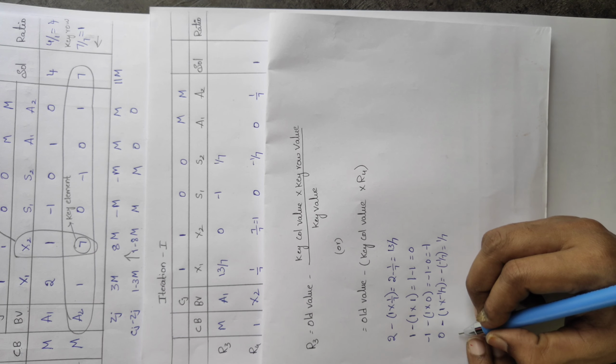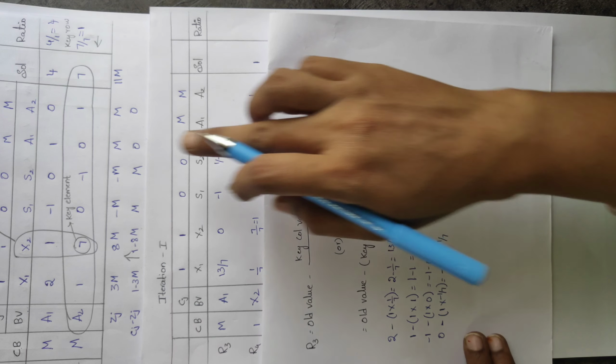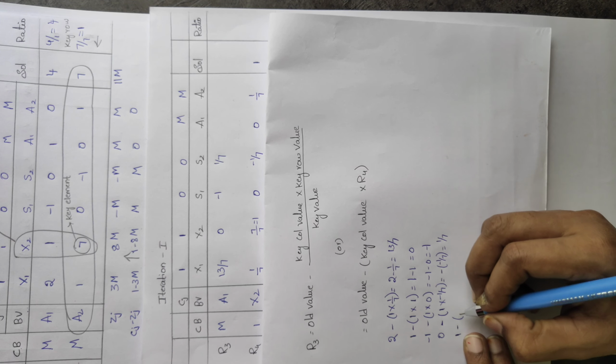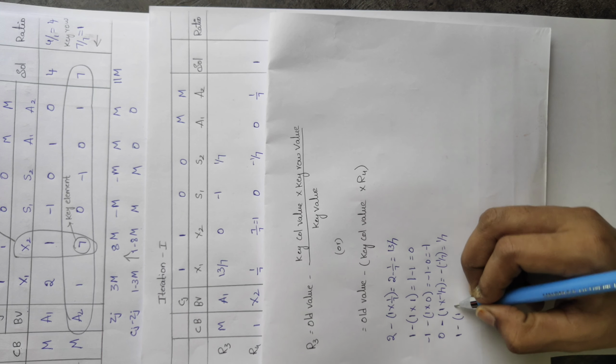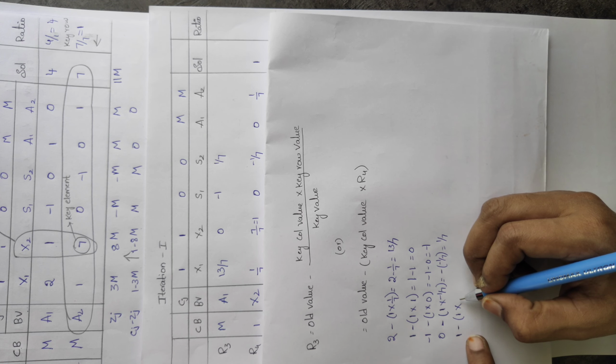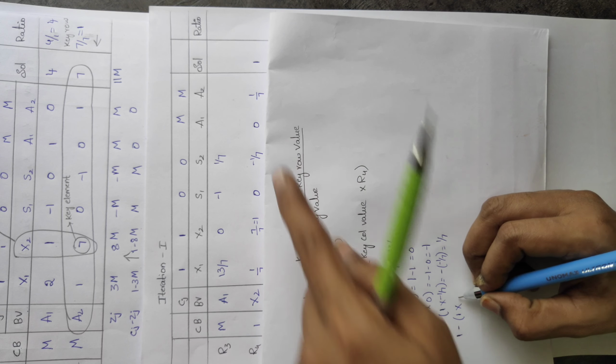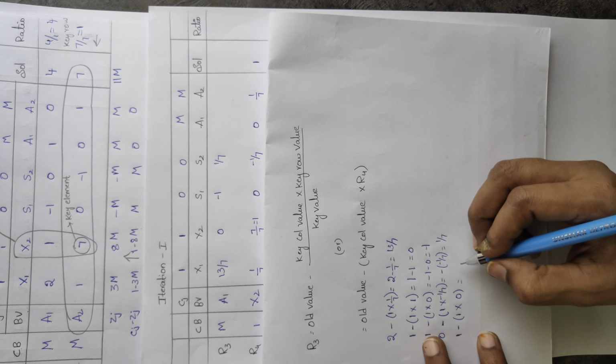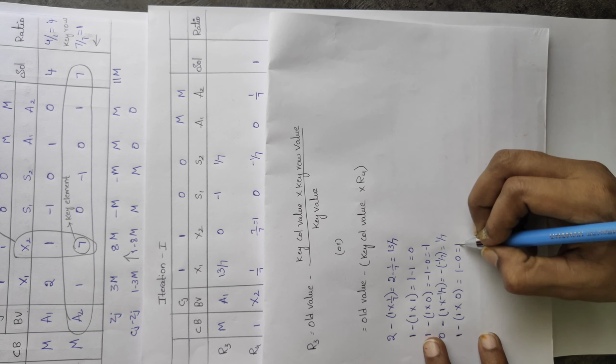Next, the A1 value. The old value is 1 minus the key column value 1 into the R4 value 0, which equals 1 minus 0, which is 1.